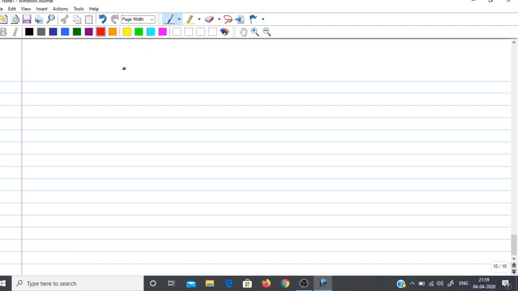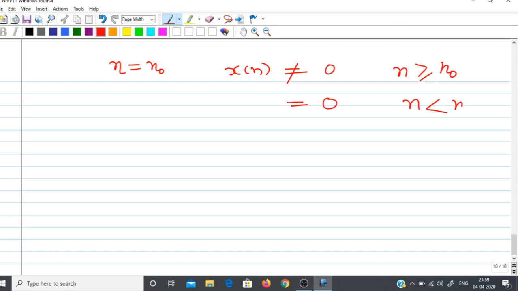If the sequence is extending to the right of some point, let's say that point is n naught, extending means the sequence x[n] is non-zero for n greater than or equal to n naught, and it is 0 for n strictly less than n naught.